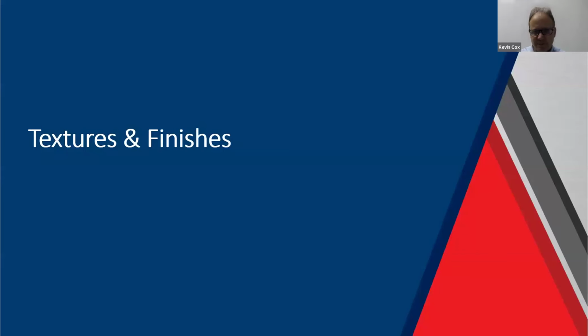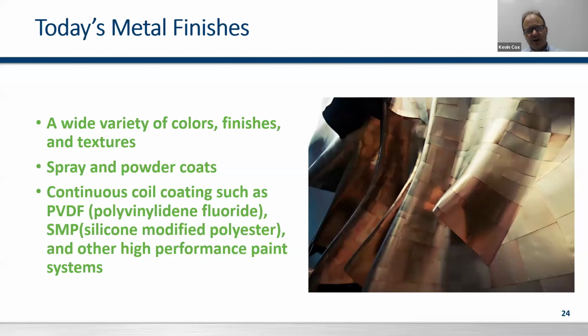So let's look at all the different attributes metal can bring into your interior spaces. We're going to start with textures and finishes. So there's a wide variety of colors, finishes, textures. We can do spray type paints, powder coats, several continuous coil coating processes with polyvinylidene fluoride, or PVDF, or siliconized modified polyester, SMP, as well as other high performance systems.